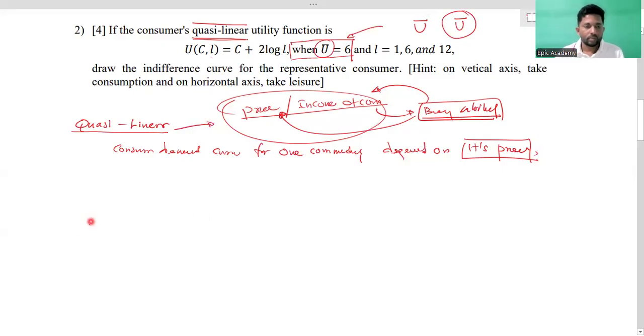Okay? If I say Q equals F of K and L, it is related to the production function. If I use a hat here, that means K is always constant. Only one variable, L, becomes the variable factor.